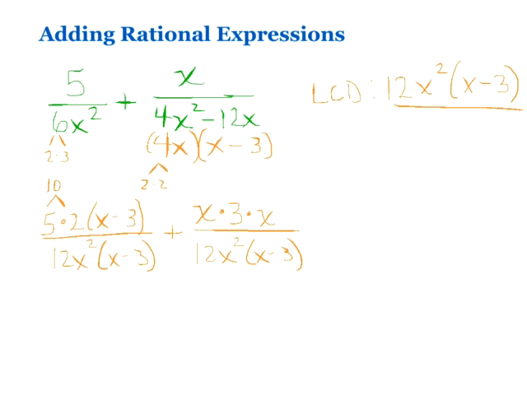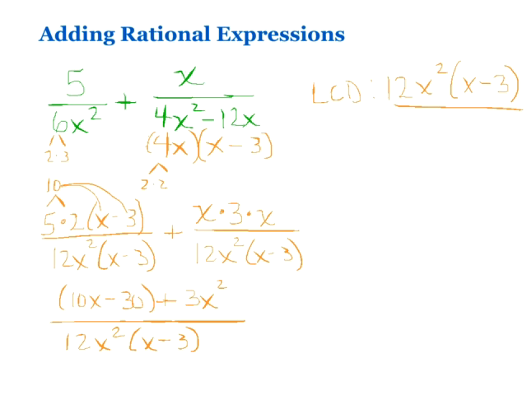But then that 10 gets multiplied by this factor of x minus 3, so we're going to have to distribute that. My numerator from the first fraction is going to end up being 10x minus 30. Now I'm going to add, and in my second numerator, if I take x times 3 times x, then I'm going to end up with a 3x squared. And all of that is still over 12x squared times x minus 3.